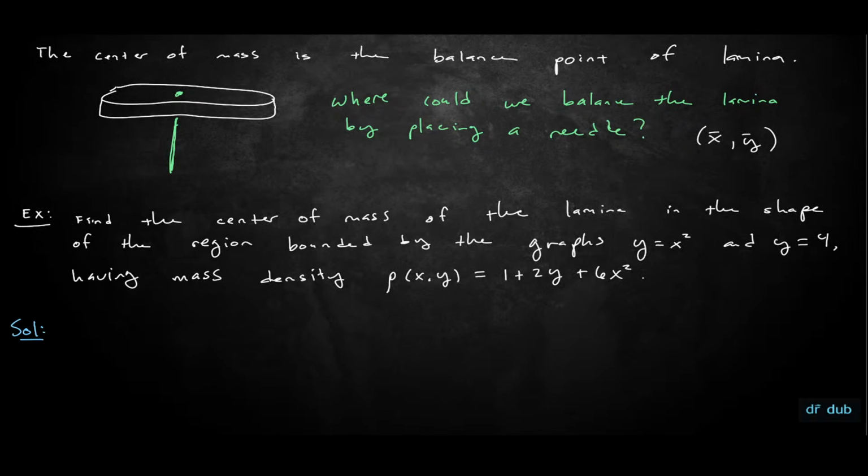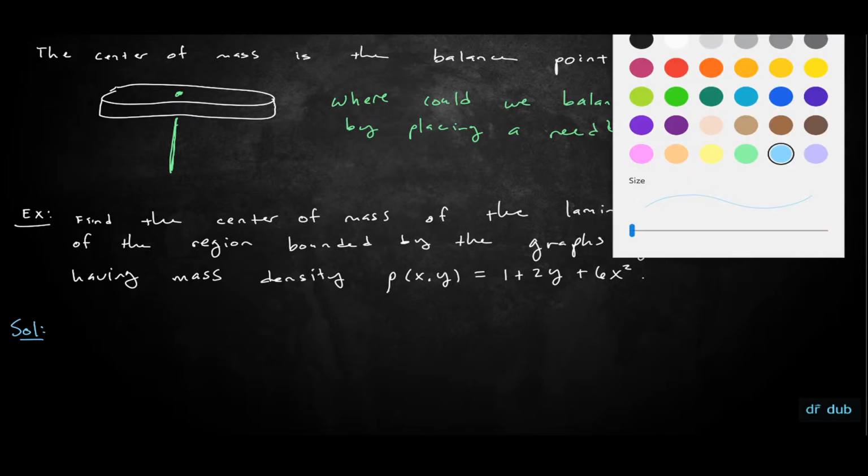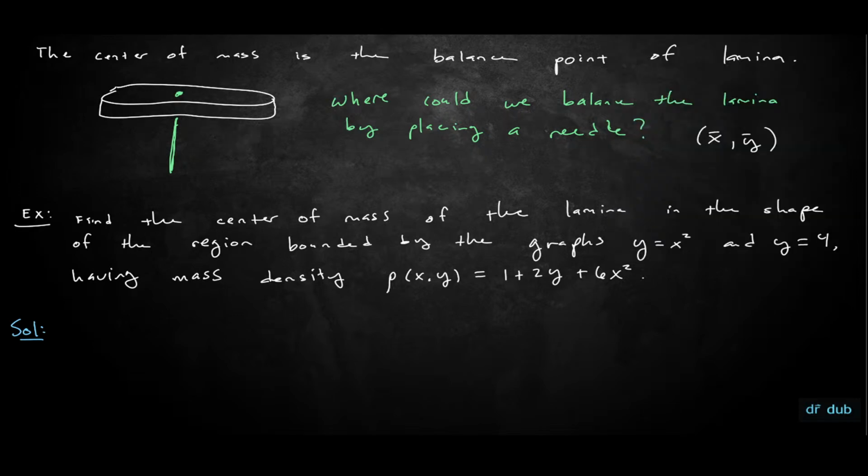So we have a lamina here. It has a certain density function, and we're going to find the center of mass, the balance point for this lamina. So I guess the first thing we'll do is graph the region. The lamina looks like this.